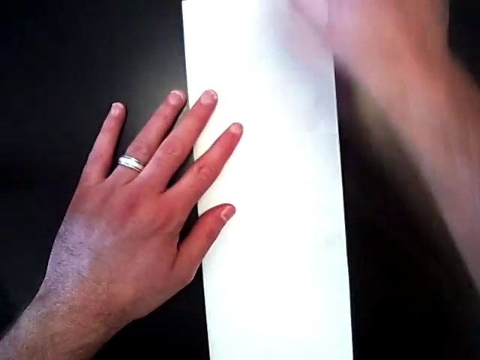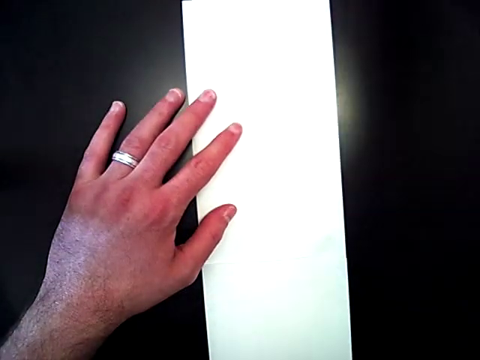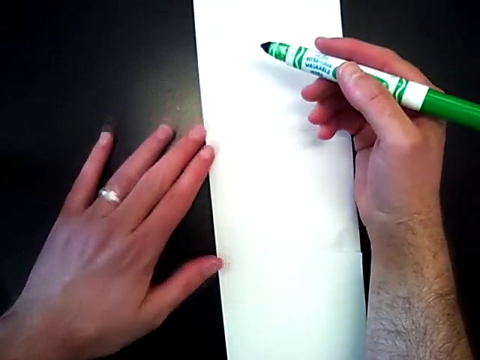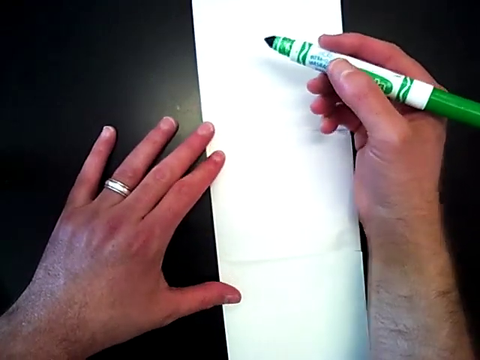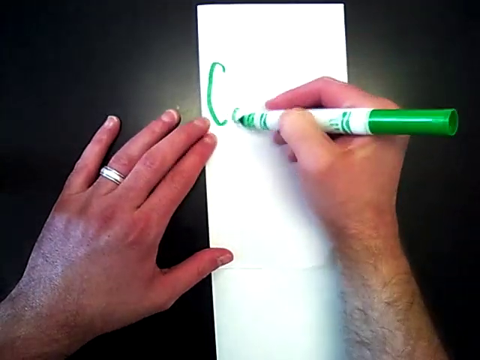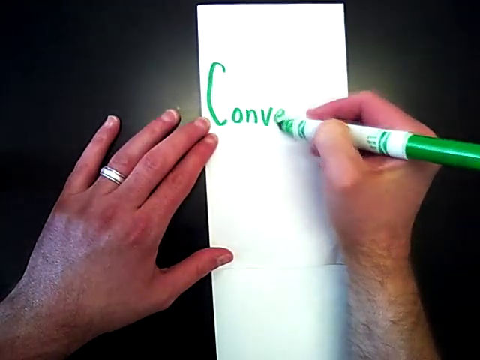Now this foldable is going to be all about thermal energy transfer. There's 3 different ways that thermal energy can transfer. And transfer is just a fancy way of saying that the thermal energy is moving from one place to another. So the first way is convection.